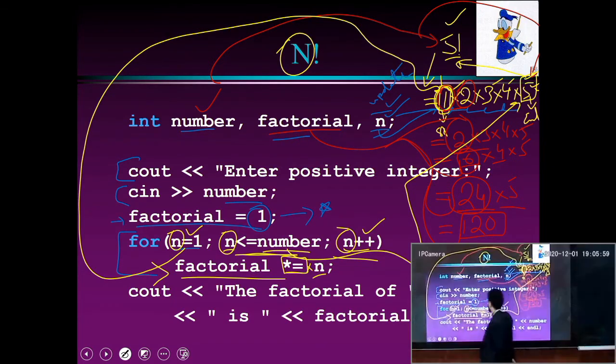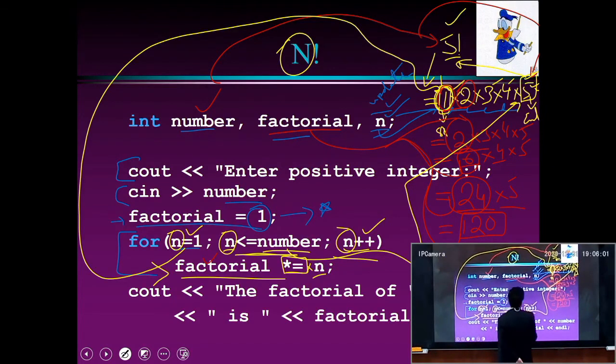So in the second iteration factorial will be equal to 2, and n will be updated to 3, and 3 will come through this condition statement in the formula. Now you can see that factorial was 2 and n is now 3, so 2 multiplied by 3 we will get 6.